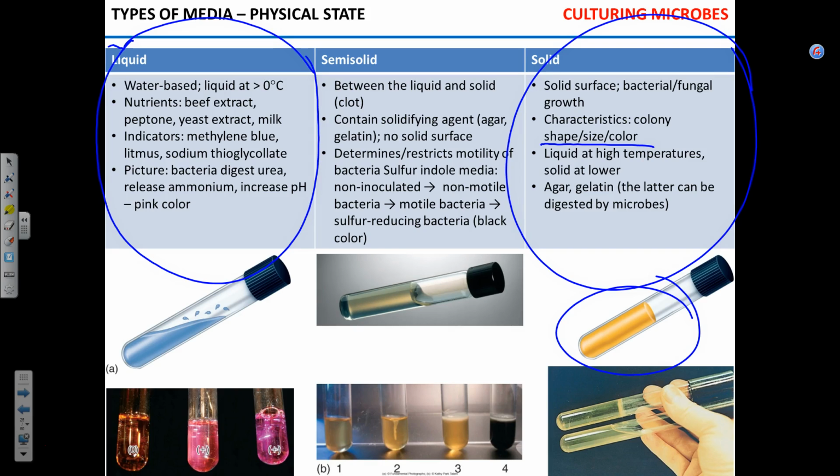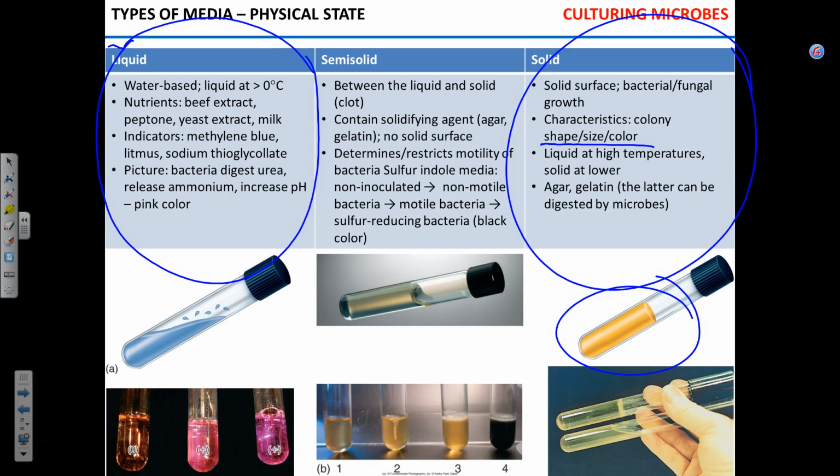Now, liquid medium, opposite. Here, obviously you can't isolate any colonies. You can make it at home, as we mentioned. Chicken broth is the perfect liquid medium, especially if it's transparent, so you can see bacterial growth. Does that make sense? You can just cook the chicken broth and filter it really well so it becomes not turbid, and you can see how bacteria grow.